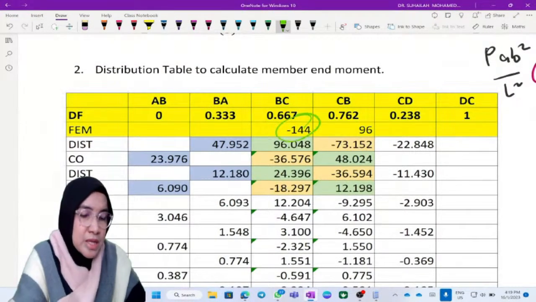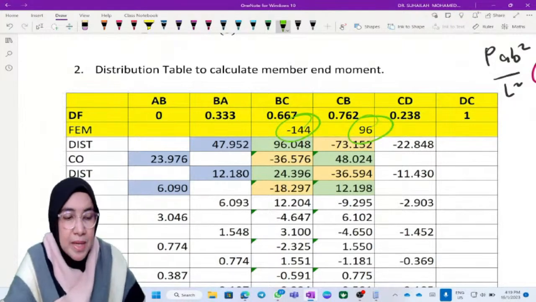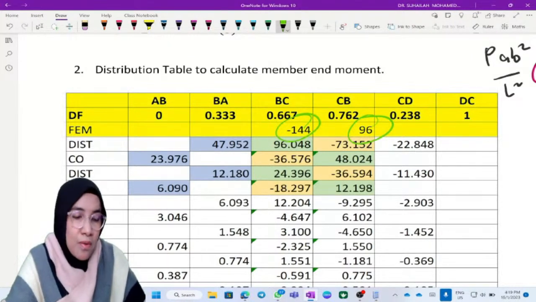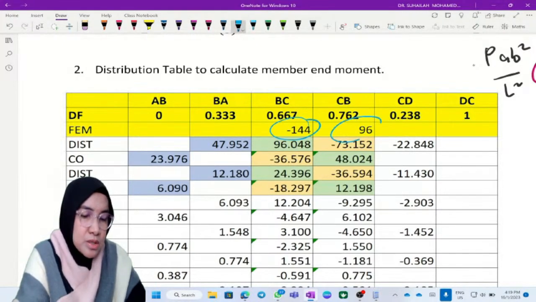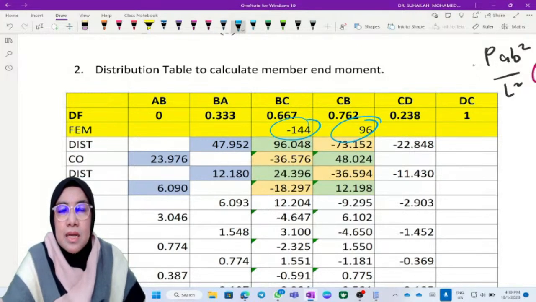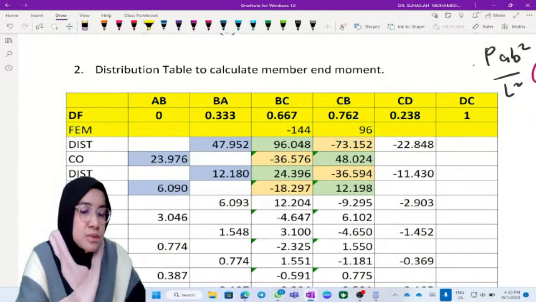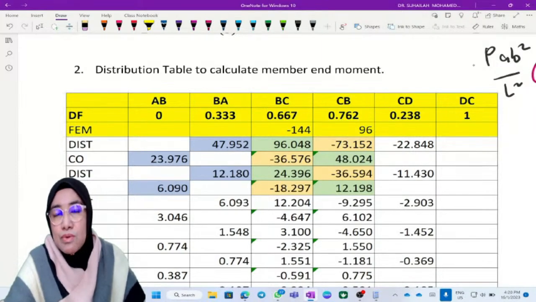We get negative 144 and 96. Negative 144 and 96, fixed end moments. These two fixed end moments are the first member end moments in the table. Okay, so we can start doing distribution.